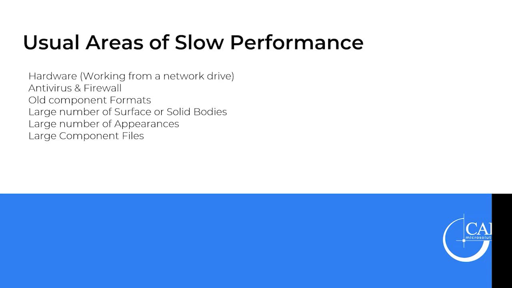And here's the really interesting part that I'd like everyone to be aware of. If you have, for example, an assembly or a part file with, let's say, 1,000 solid bodies, and the solid bodies are relatively complex, and then you have an appearance applied to those, that file will take longer to load into memory than if it does not have any appearances at all.